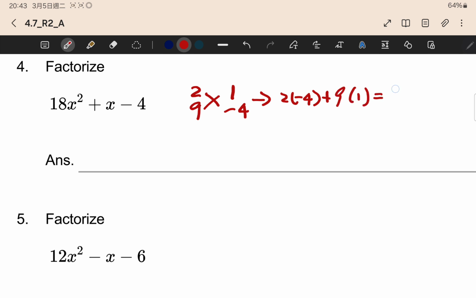The result is 1, which matches the coefficient of the middle term. So the correct factorization is 2x plus 1 and 9x minus 4.